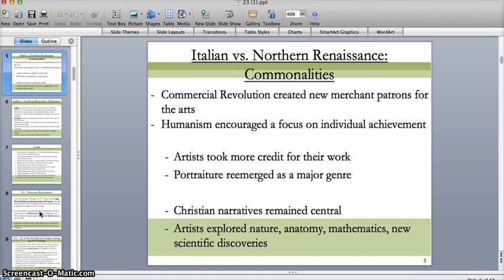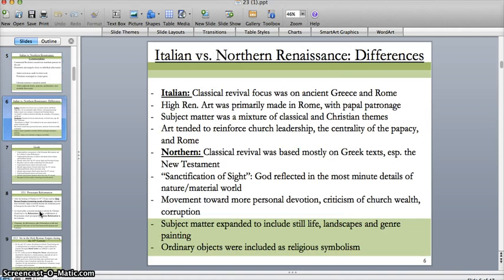We see the emergence of portraiture in both the Italian and the Northern Renaissance. And, following along with this idea of humanism, you see artists exploring nature, anatomy, mathematics, and coming up with new scientific discoveries.